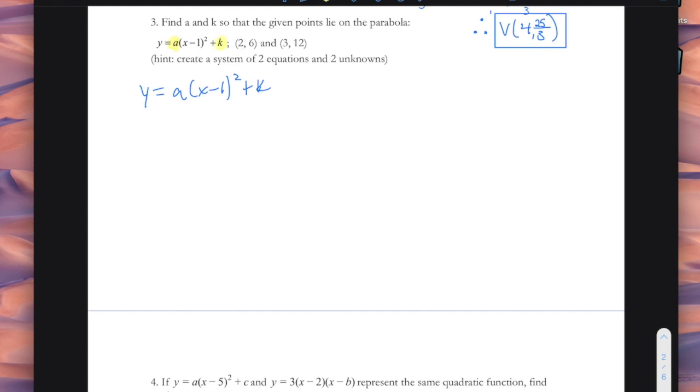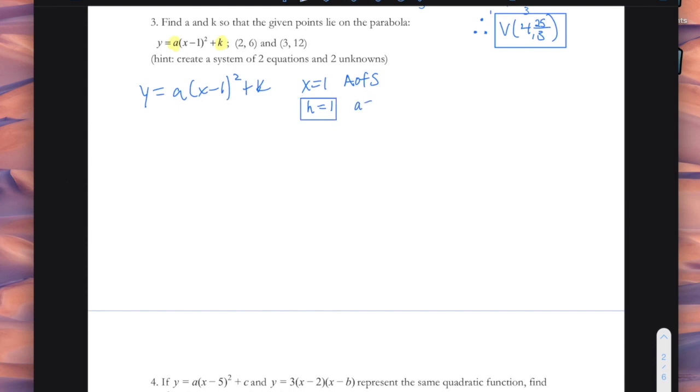this particular parabola. So what you will notice is that we know that x equals 1 is our axis of symmetry. Not that we're necessarily going to use that in our question, but basically we know our h value. H equals 1, right? And it's asking us for two other things.